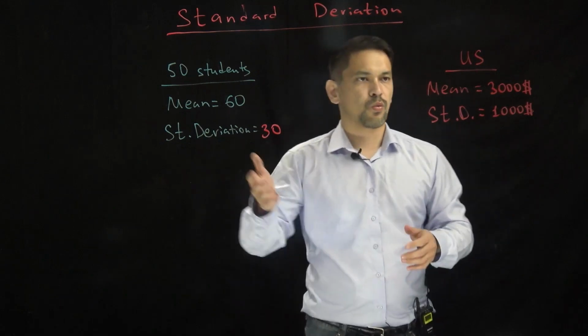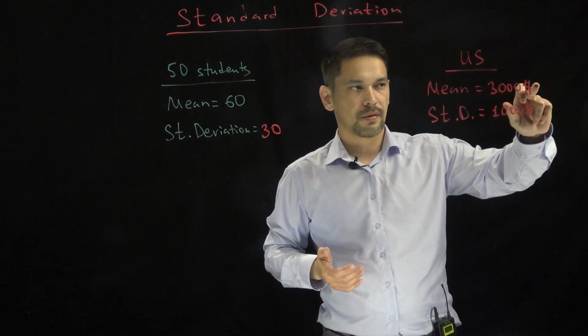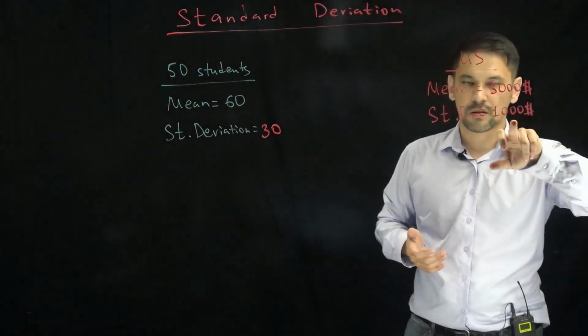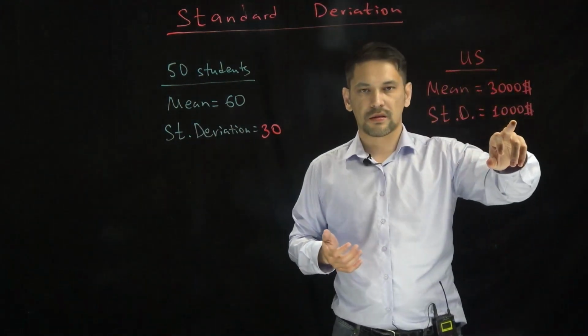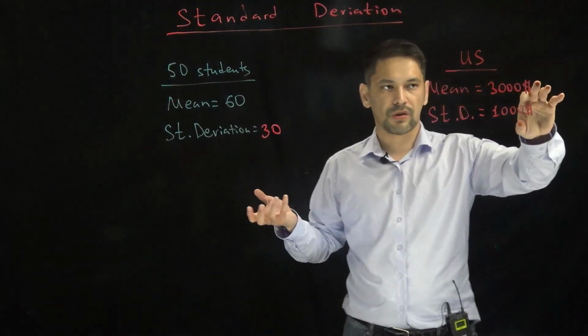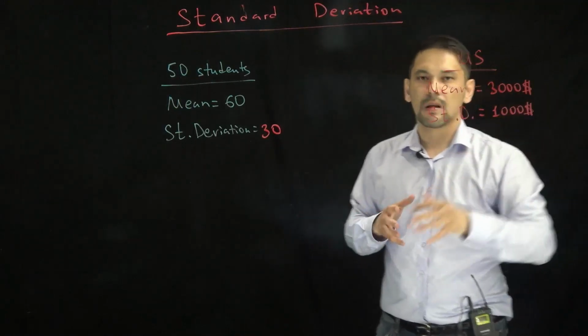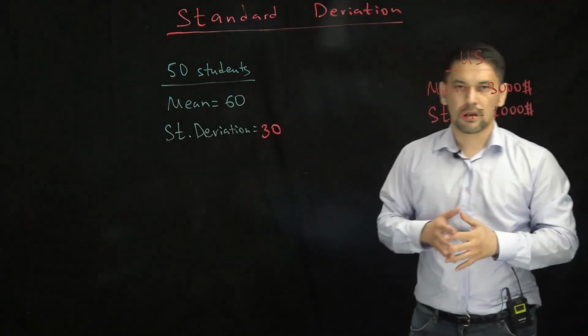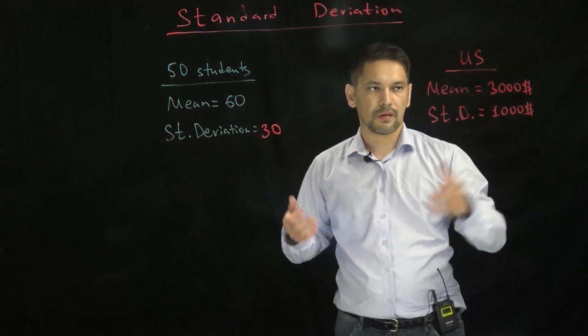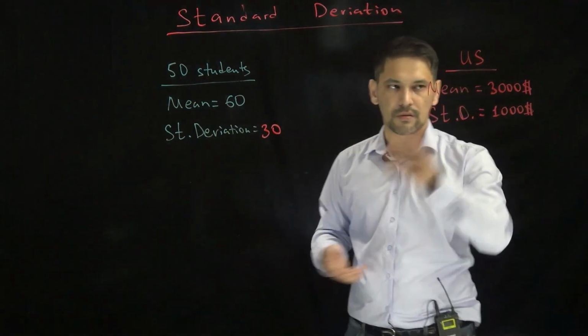I'll give you one more example here. Let's say the average salary in America is $3,000 and the standard deviation is equal to $1,000. Now, if the average salary for all the Americans is equal to $3,000, it doesn't mean that all the Americans make exactly $3,000, right? If my salary is, let's say, $4,000, then the difference between my salary and the average salary is equal to $1,000.